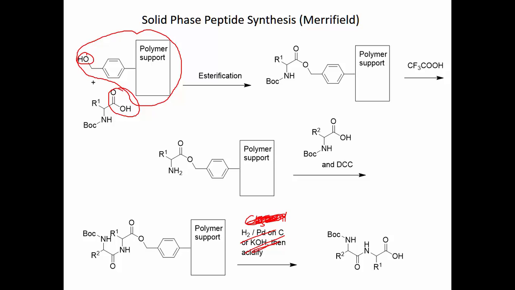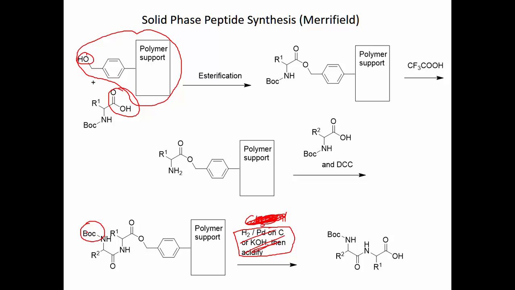All right, sorry, actually, this was correct. So this is how we're going to release it in the end to make a dipeptide. But if we wanted to make a tripeptide, what we would do is we would just cleave off this Boc group right here, and we could add another amino acid.